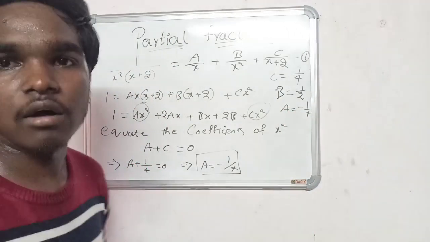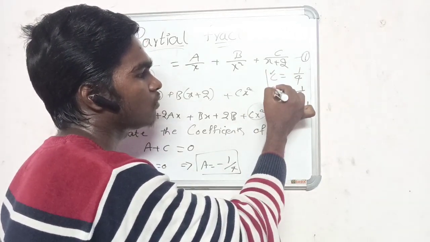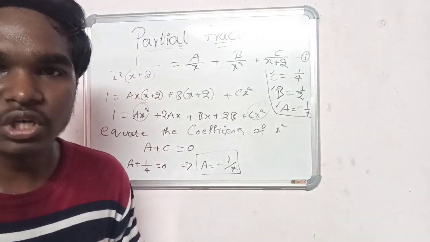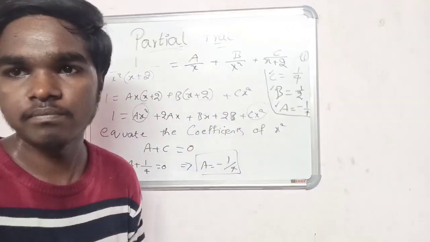Now we got the total 3 values. We got the c value, we got the b value, we got the a value. The next step is to substitute the a, b and c values in the equation number 1.